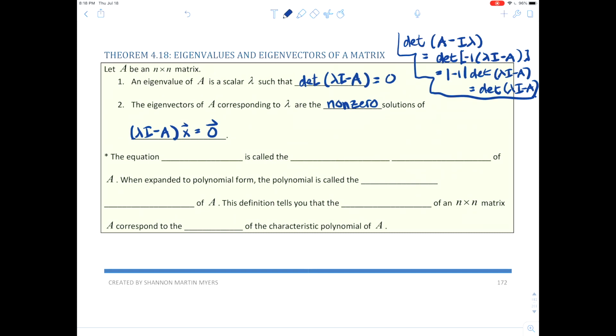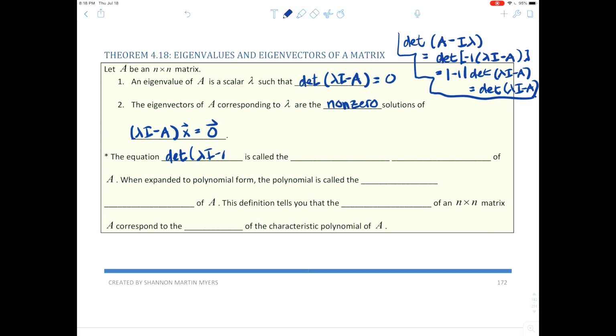To find the eigenvectors, you multiply the matrix lambda I minus A times x, and you set that equal to the 0 vector. Good, good?